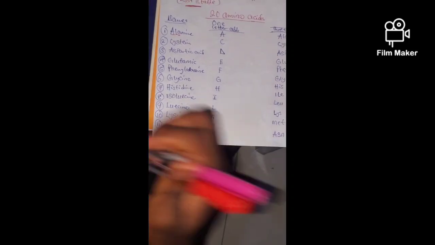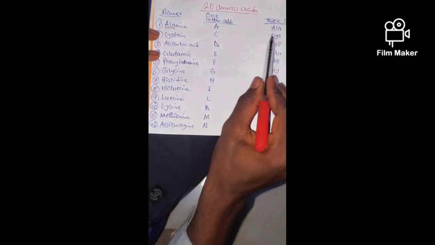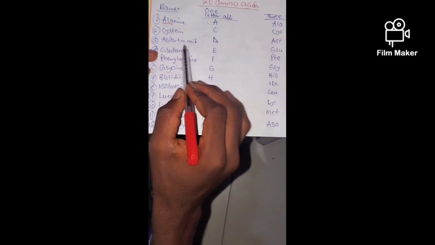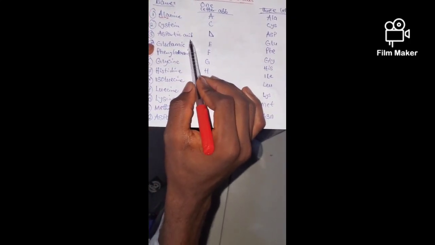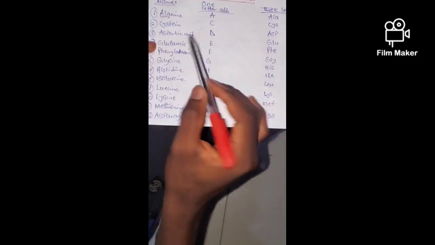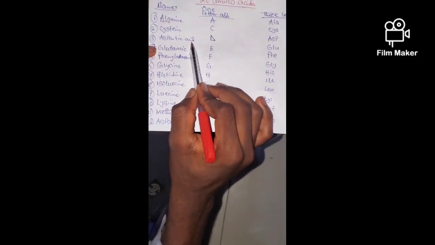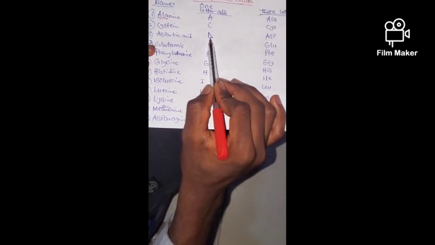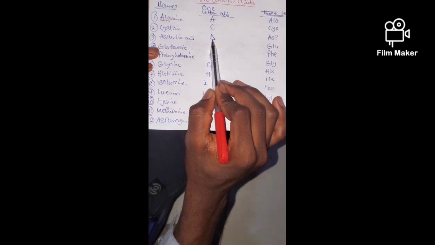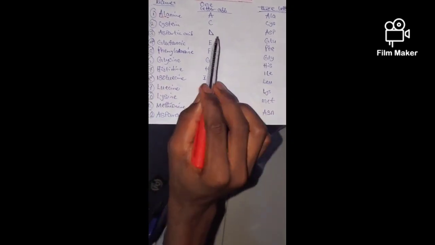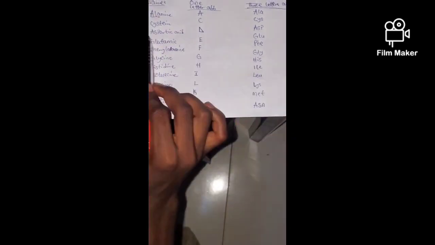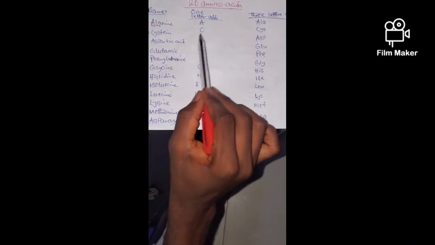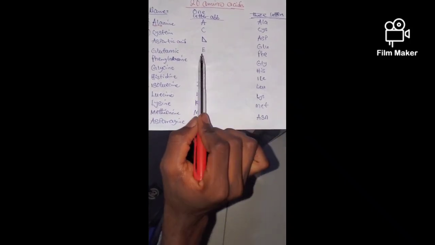We have cysteine. We have C, and the three-letter abbreviation is CYS. We have aspartic acid. Some people call it aspartate. Alternatively, the two names are still correct. The one-letter abbreviation is D. If you observe, this one does not obey the order of the alphabet.